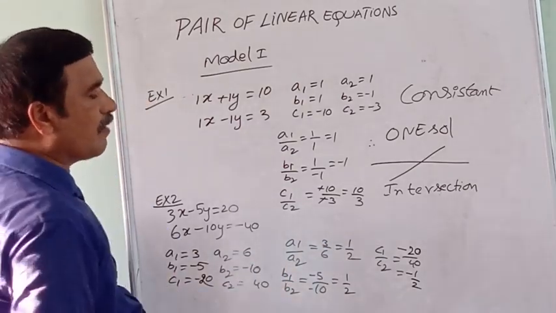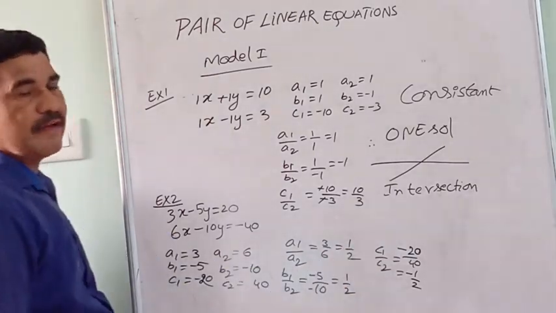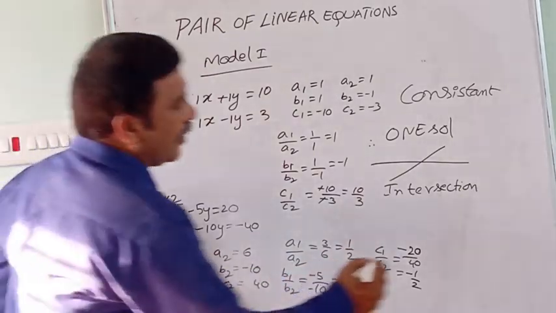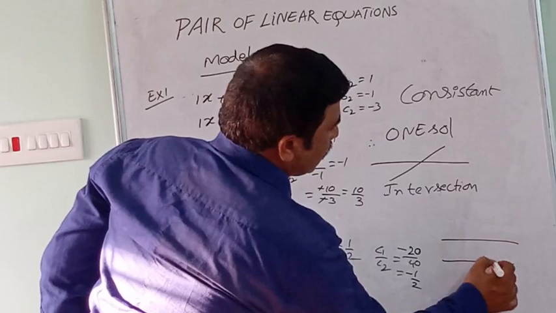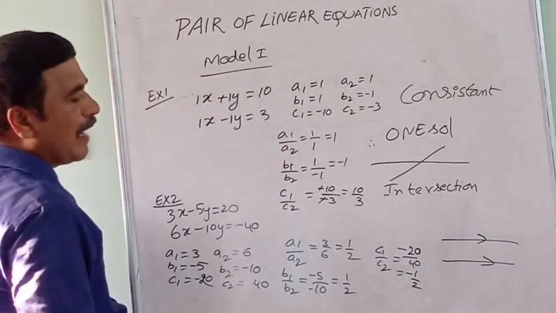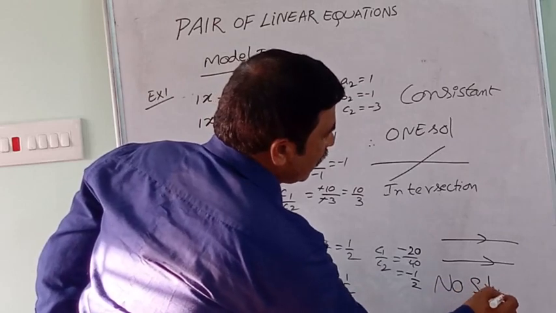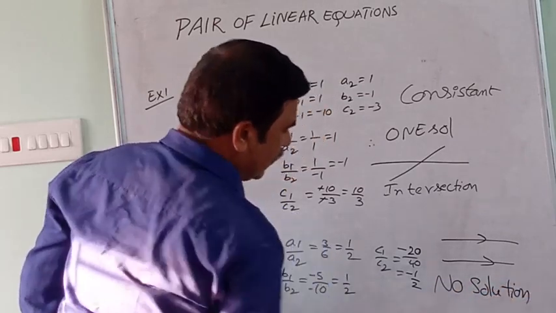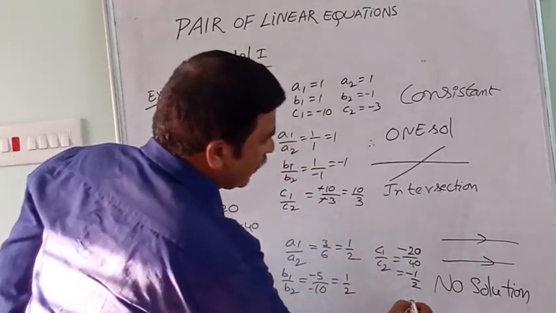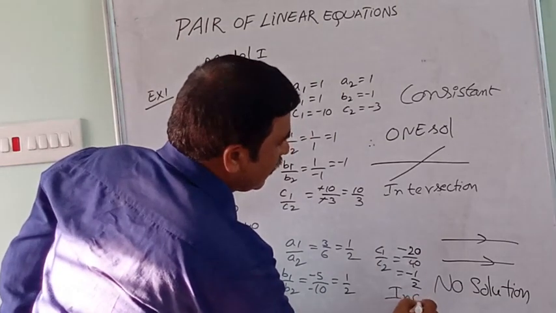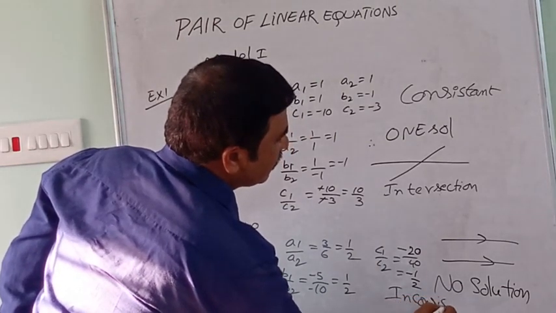Therefore, these are all equal. Wait, I mean c1 by c2 is not equal to them, so lines are parallel. That means they are parallel lines. We can say no solution, and inconsistent. This case is inconsistent.